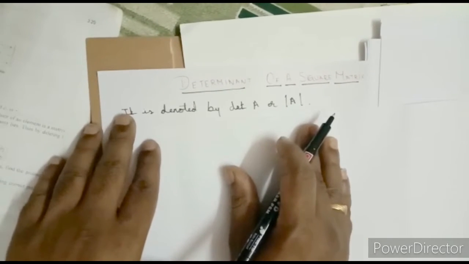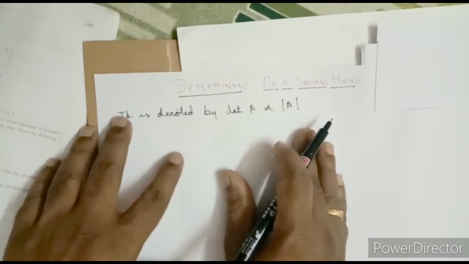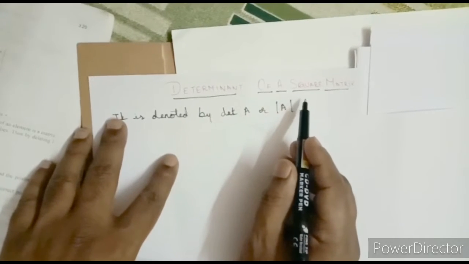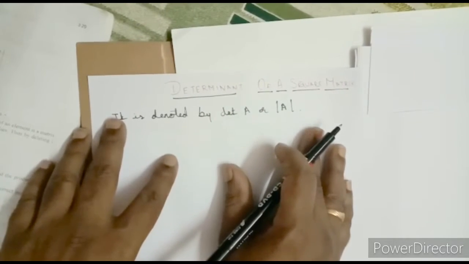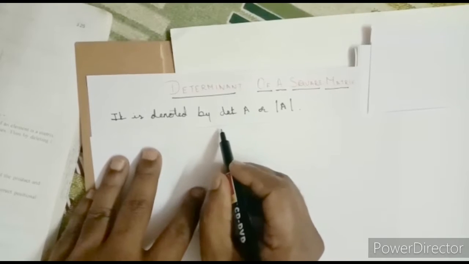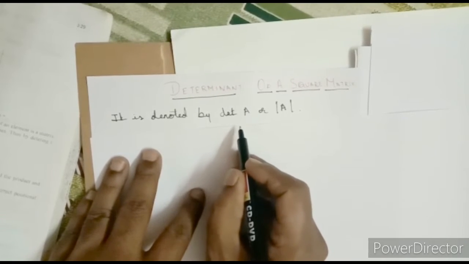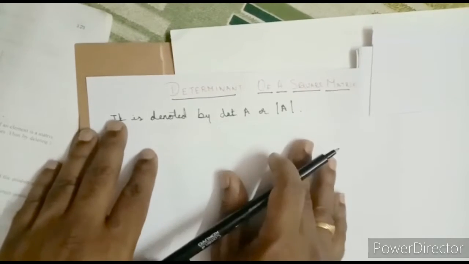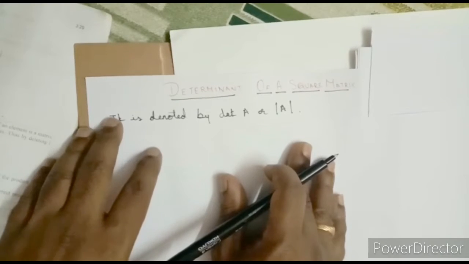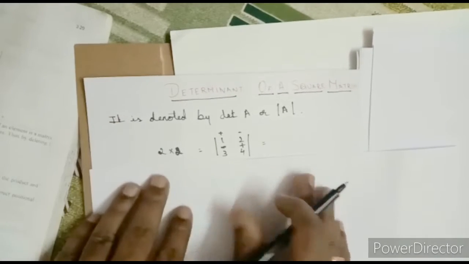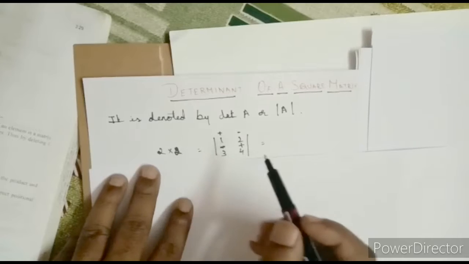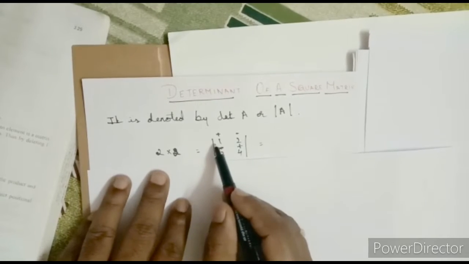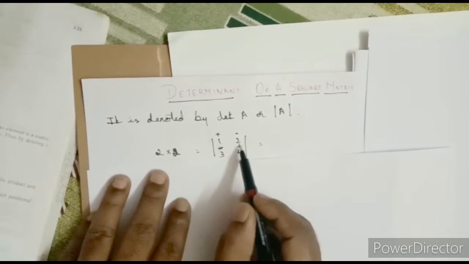So now let us know how to solve determinant of square matrix. As we know that square matrix means wherein there will be equal number of rows and equal number of columns. For example, in case of two rows and two columns, there are two rows and two columns.